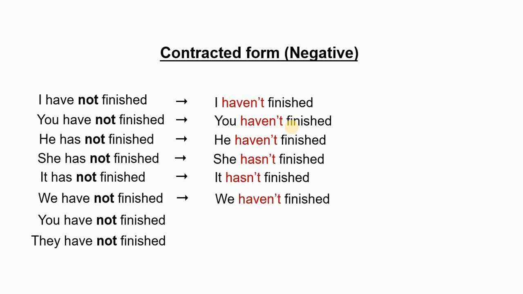We haven't finished. You haven't finished. And they haven't finished. Alright? Now, in the negative, there are two ways of forming the contracted form. This is the first way. I'll now show you the second way.